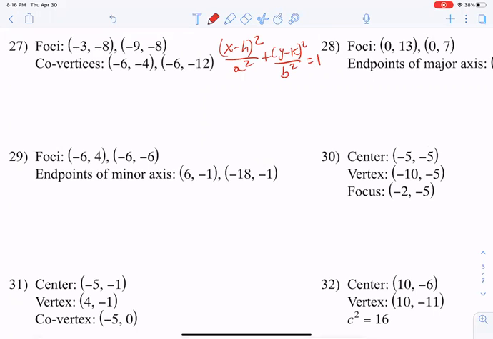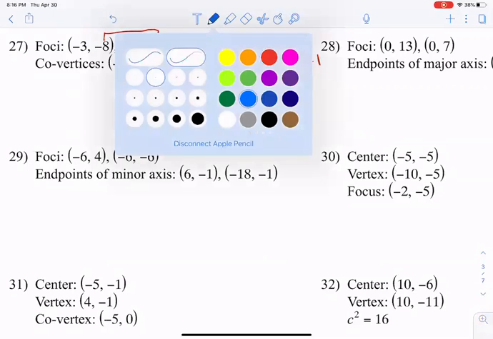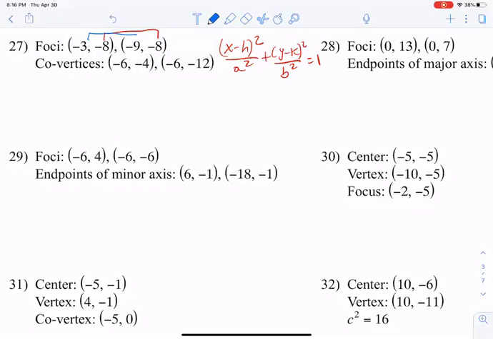Okay, so again, we have to identify whether it is a vertical major axis or a horizontal one. The main thing I have to do is check my foci, and here my foci have y-coordinate -8 and -8. That implies that in the y direction nothing is changing, but in the x direction something is changing.